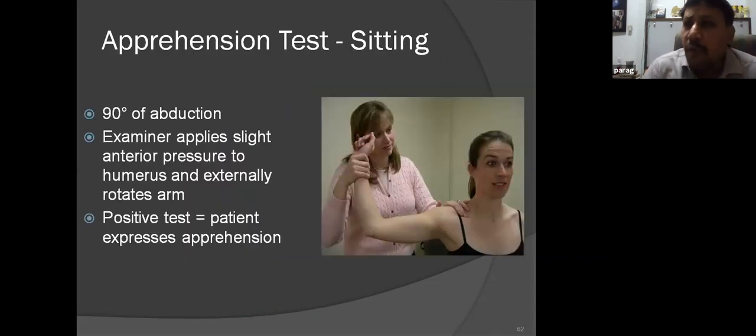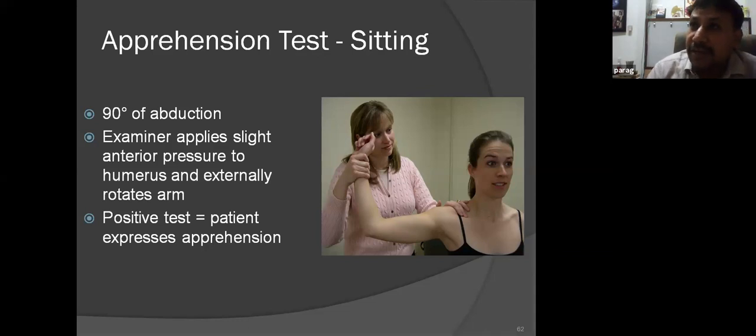Now, the most common test that we do for anterior instability is the anterior shoulder apprehension test. This is classically done with the patient sitting on a stool. The examiner is at the back of the shoulder. You do abduction to about 90 degrees and start externally rotating. If the patient has anterior instability, most of them will give you a face like this, where they are very apprehensive about the shoulder dislocating.